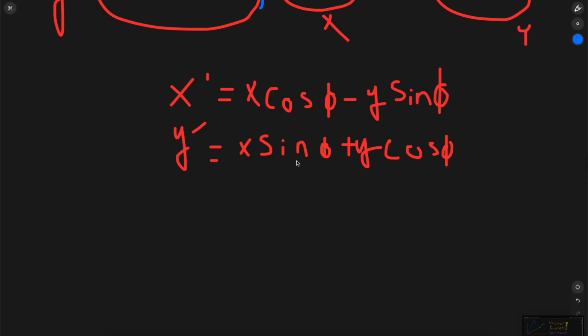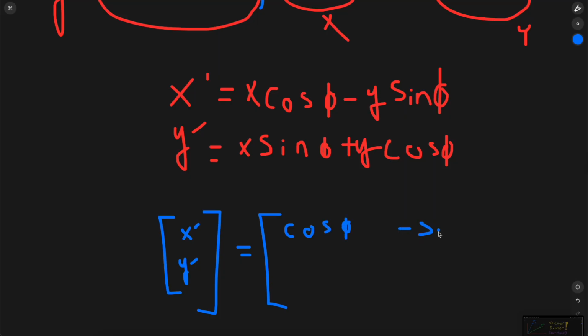Let's pull out some variables in the linear algebra fashion. So let's define this to be x prime, y prime. This is now a vector. And let's pull out the x's and y's here. This is cosine of phi, negative sine of phi, sine of phi, cosine of phi.